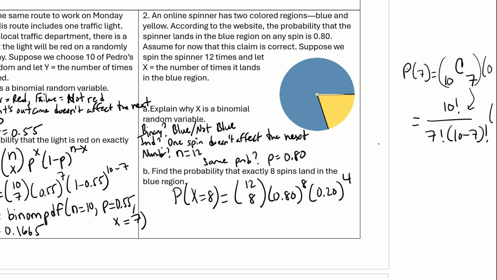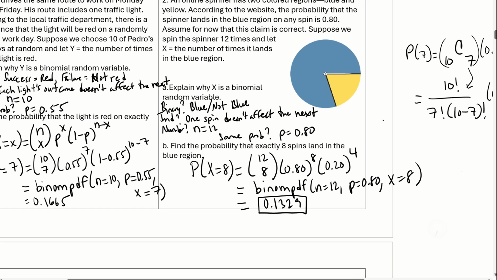This is the same thing as binomial PDF with n equals 12, p equals 0.80, and x equal to 8. When you do that, you get 0.1329.